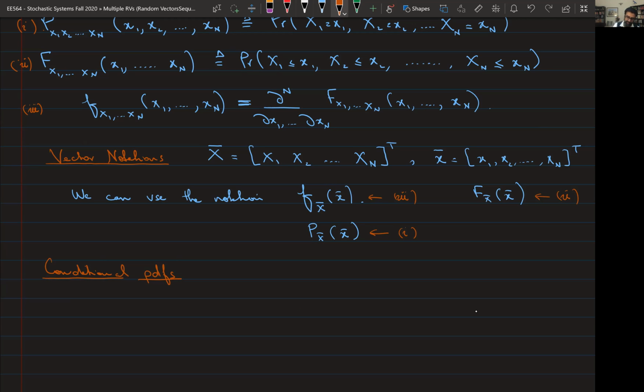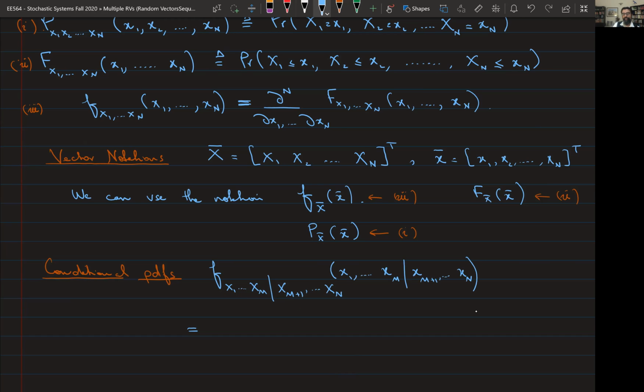So I can say, okay, what is the conditional PDF of capital X1 all the way up to capital Xm given observations on all of these random variables from xm plus 1 all the way up to xn? Now this is evaluated at x1 all the way up to xm given the observation small xm plus 1 all the way up to xn. And it's pretty straightforward.